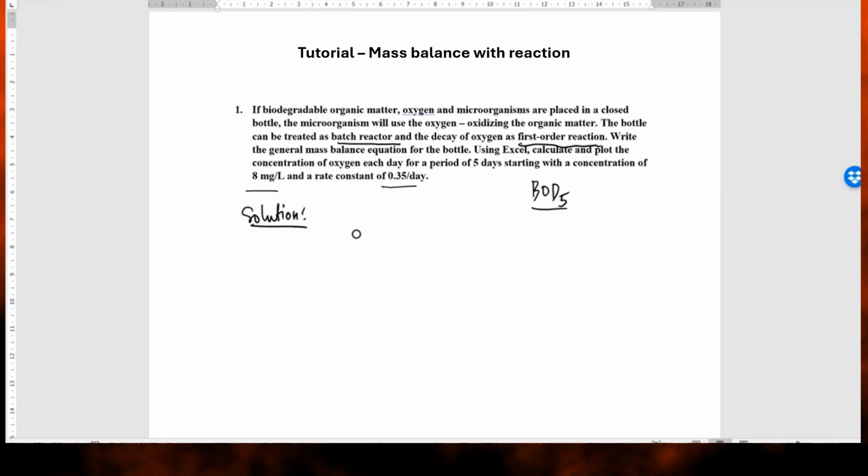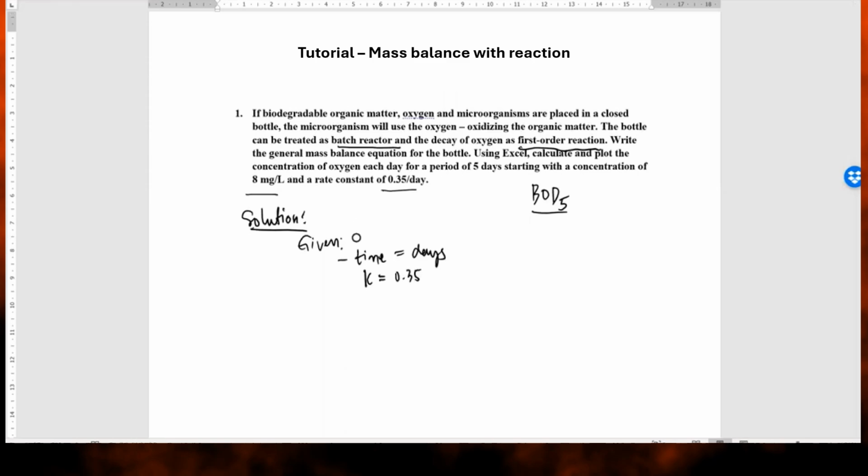All right, so what do we have as the given first? We have 5 days, of course. The time is 5 days. Then we have the K, which is around 0.35 per day.